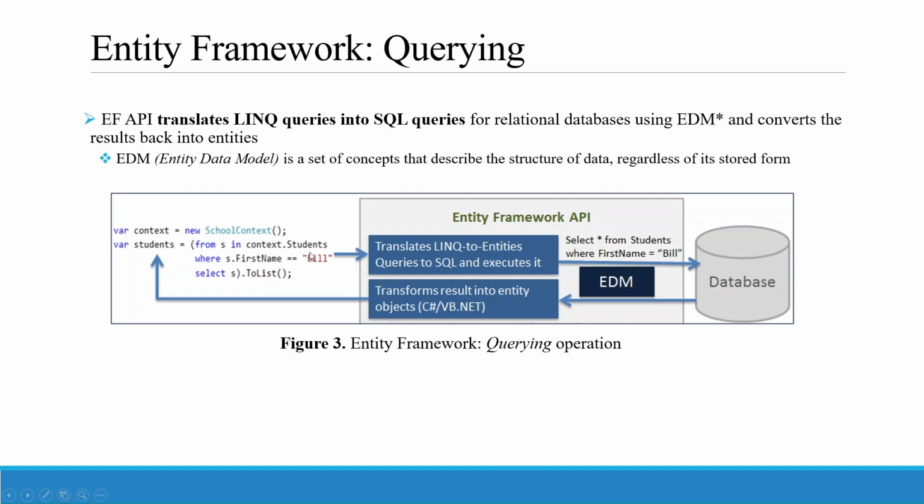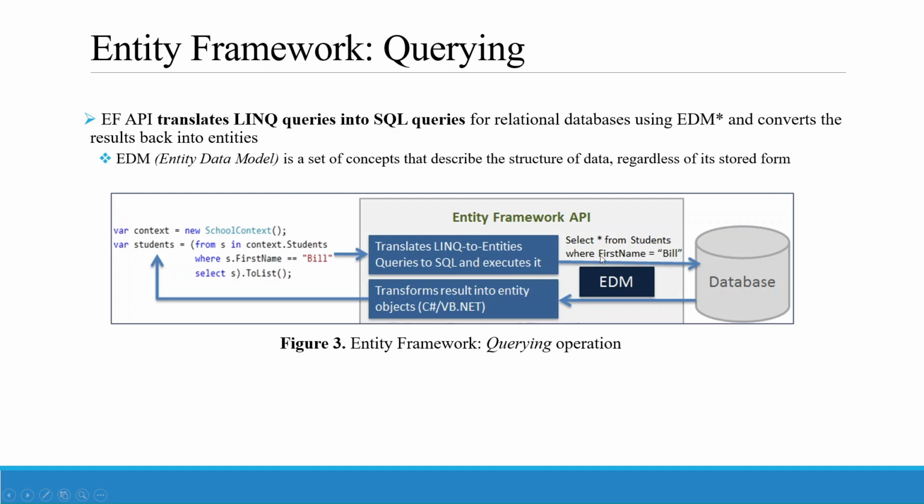Basically, here we select from the list of students. The list of students is available using the context instance. The ones that have as first name Bill. When we execute this C# query, Entity Framework will translate it to SQL code and execute it on the database.